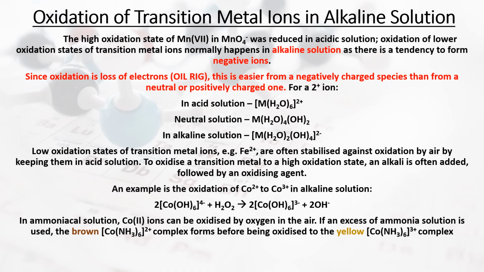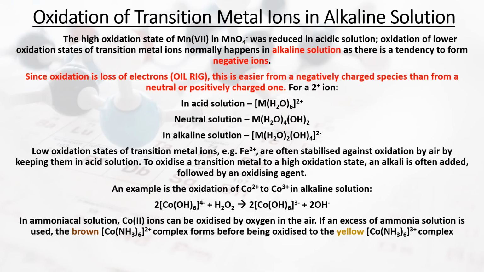But remember that we're in aqueous solution, so we also have water molecules, so [M(H2O)4(OH)2]. In an alkaline solution, we typically end up forming negative ions. In an acidic solution, we normally form positive ions. And so we end up forming [M(H2O)2(OH)4]2-. So now we've essentially gained more of those alkaline OH- ions.